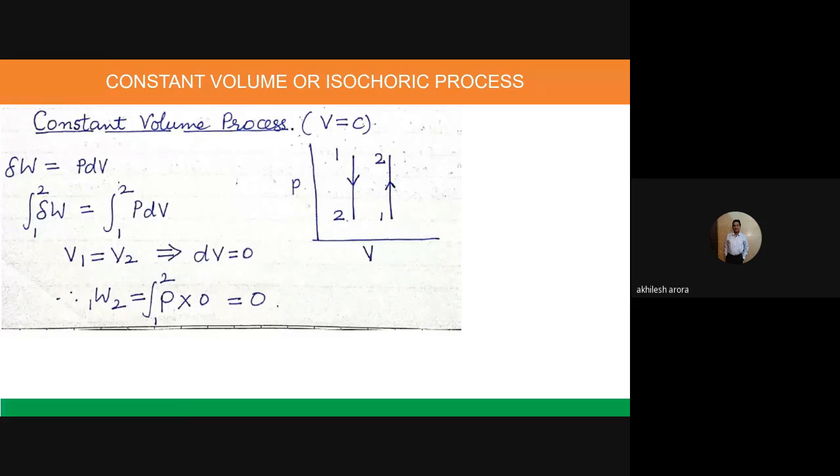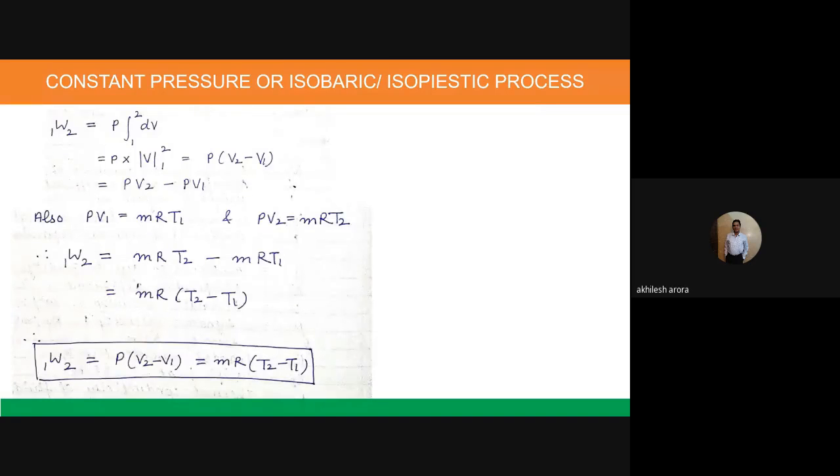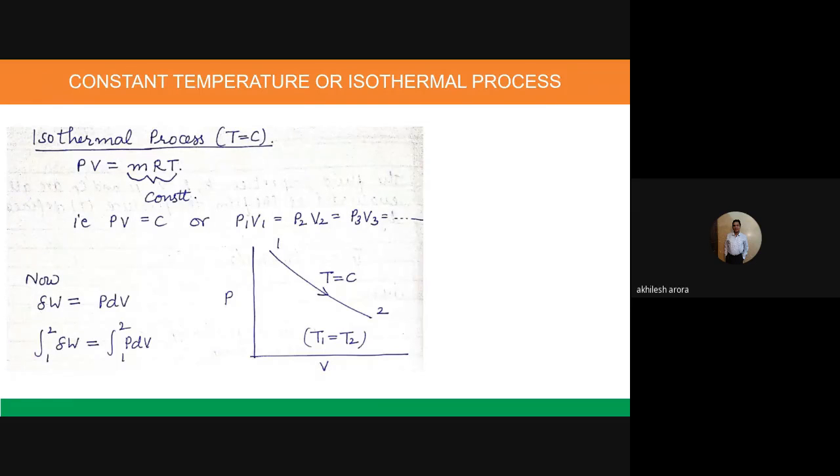Constant volume process, we discussed that the work is equal to 0. If it is a constant pressure process, then the value of the work transfer is given by this relation: W1-2 is equal to P(V2 minus V1), which is equal to mR(T2 minus T1). Then we discussed the isothermal process, in which case the value of P into V is constant.